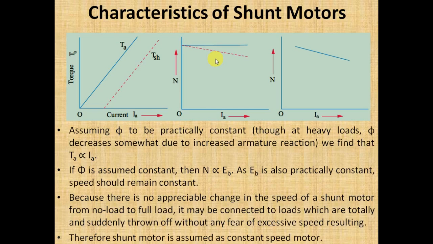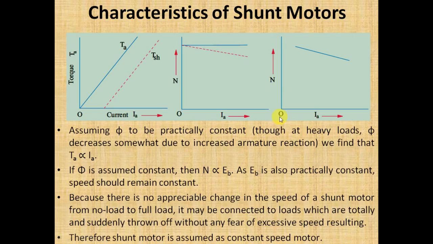We have clearly seen in the case of a DC series motor, from their speed versus armature current characteristics, that a DC series motor should never be started under no load condition. While coming to the DC shunt motor, it is clear from their speed versus armature current characteristics that this particular motor can be used only for constant speed applications.